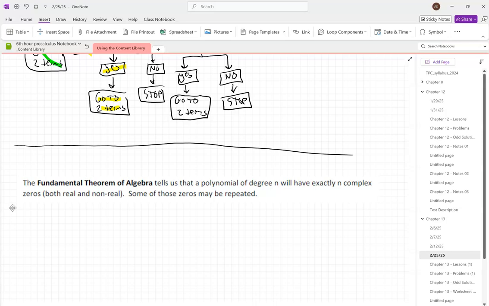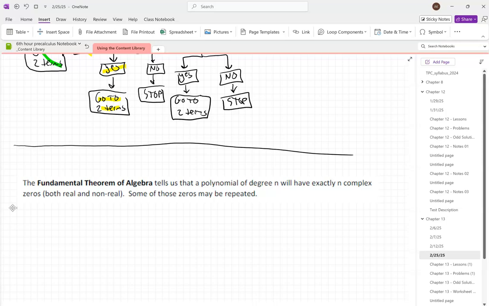The difference is the first, where it was at most the degree, was the number of real solutions. Here, we have the total number of solutions. So for the number of solutions to equal the degree, we have to count imaginary solutions also, and multiplicities. So if I get a solution that's used 2 times, that counts as 2 solutions in the solution count here.